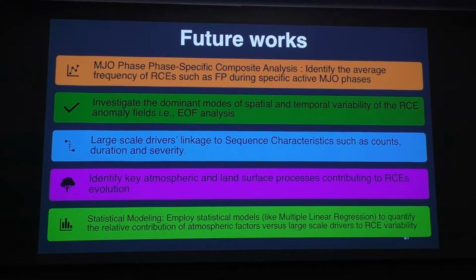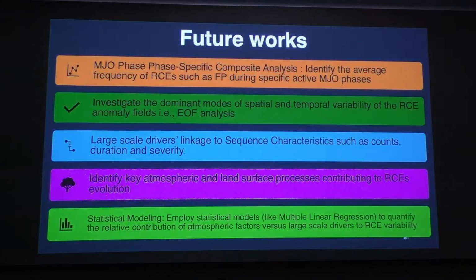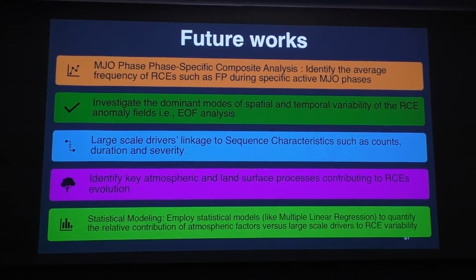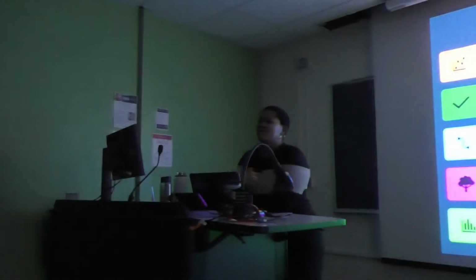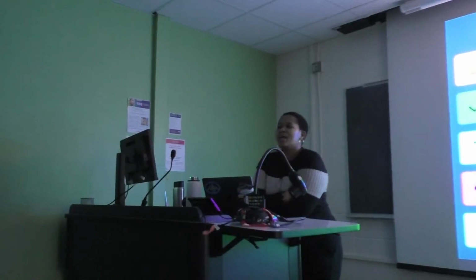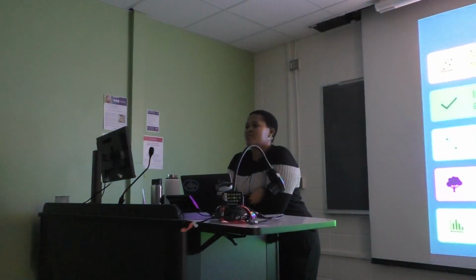This is like creating a machine learning model, including all these variables like atmospheric and large-scale drivers and land surface like precipitation, evapotranspiration, and everything, and checking how they contribute and how they can help to forecast our rapid change events.